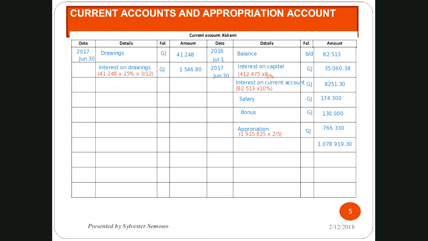1,078,919.30. Now I must find the balance carried down. I just have to take this and minus everything on the debit side. So when I say minus 1,248 minus 146.8, my difference here is going to be called balance carried down.